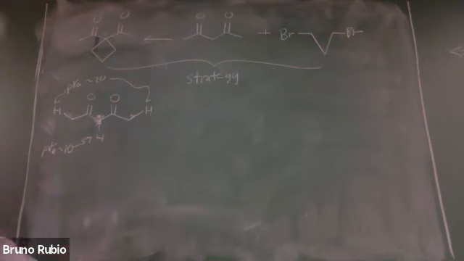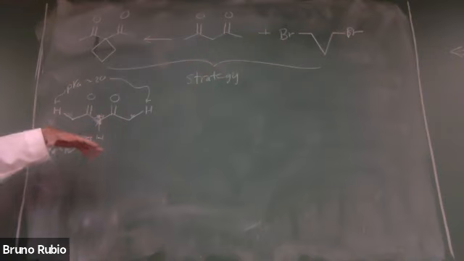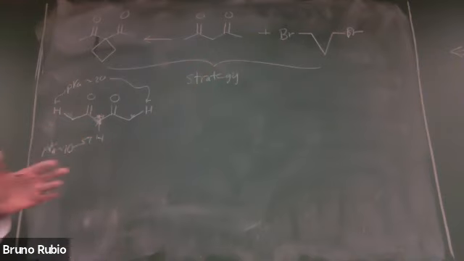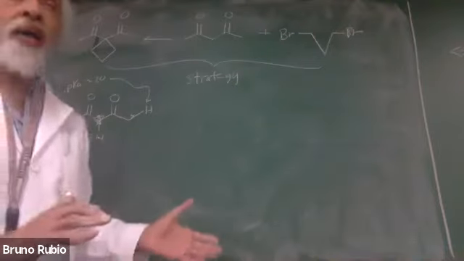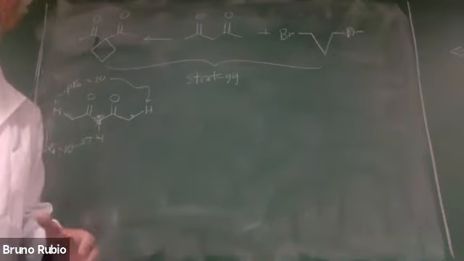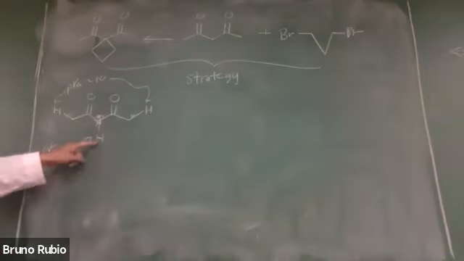What would be a good base to add? Hydroxide is good enough, because hydroxide is a powerful enough base. The pKa of water, which is the conjugate acid of OH minus, is about 16. So that's plenty good to enolize this position.